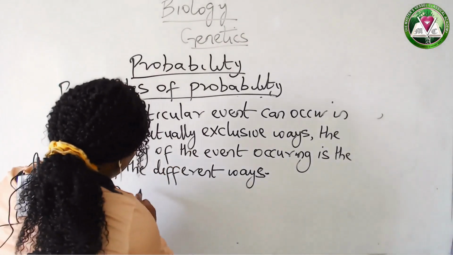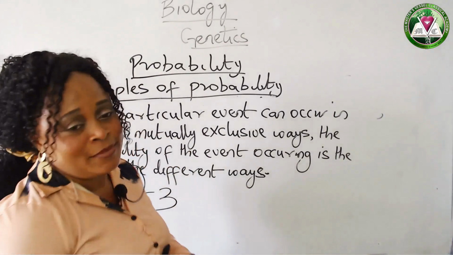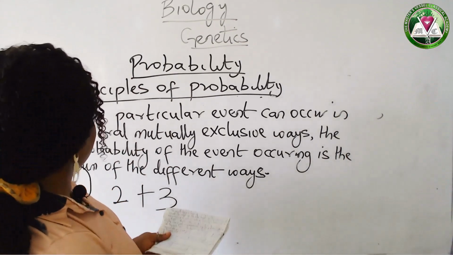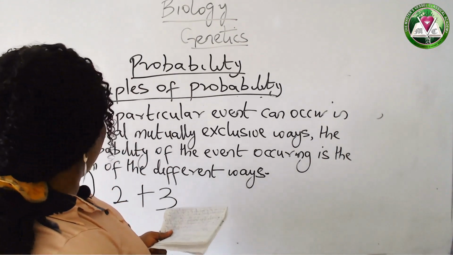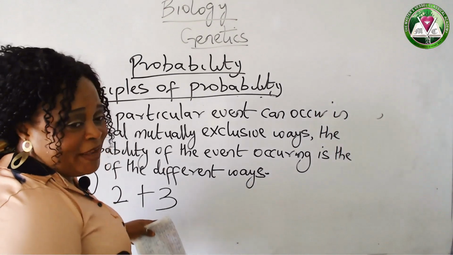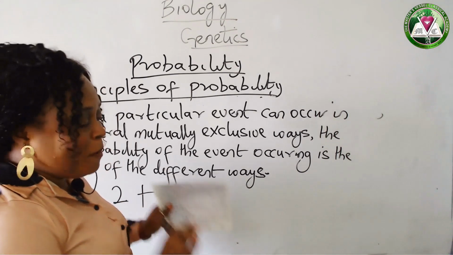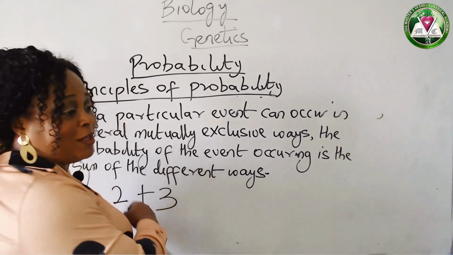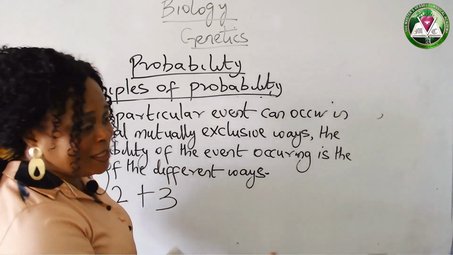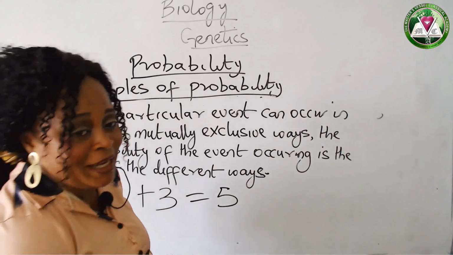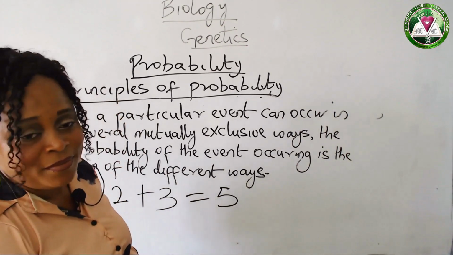He comes in 3 times. What we are now trying to say is that the probability of Okechukwu walking in straight is the sum of the number of times he walked in straight and the number of times he walked in dragging his feet. In other words, the probability of Okechukwu walking in without dragging his feet is 5.